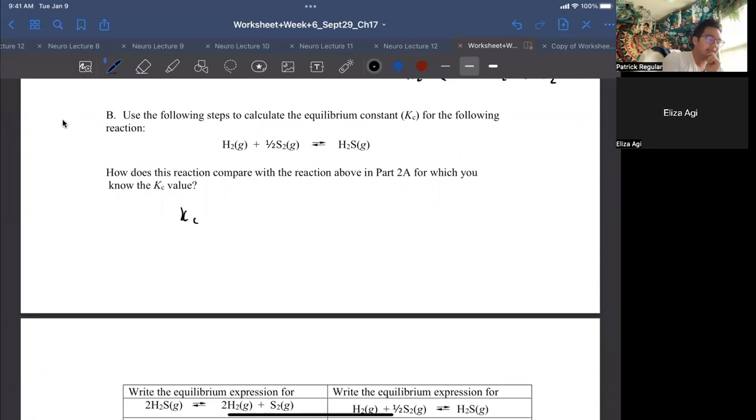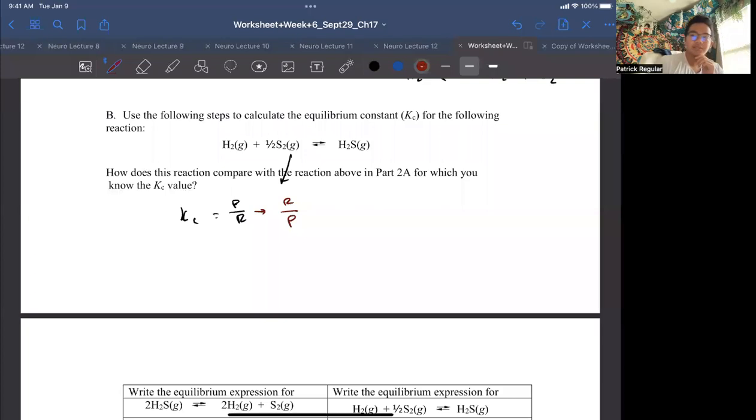So if Kc is equal to our products over our reactants, well, in this equation, we flipped it. So our flipped version would be our reactants over our products relative to what we had initially. So if that was the case, then it would be 1 over our original Kc. And that's why we flip it in that reciprocal.